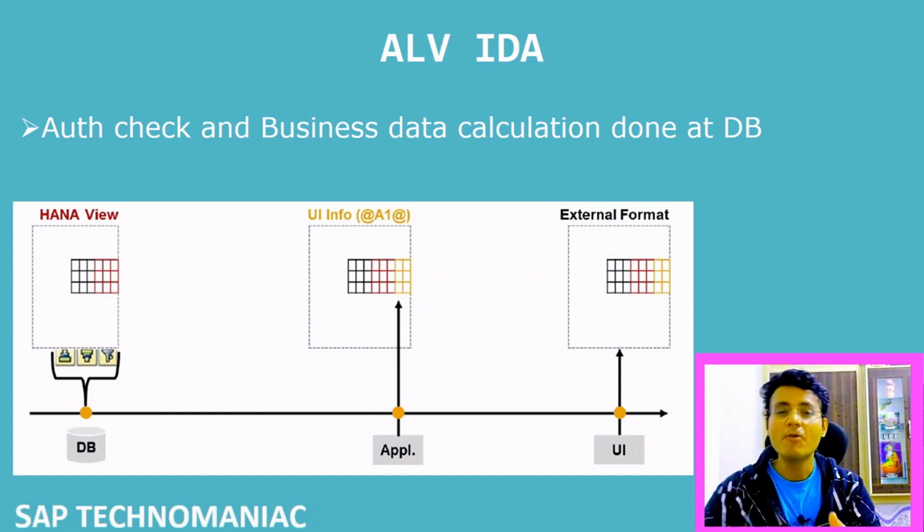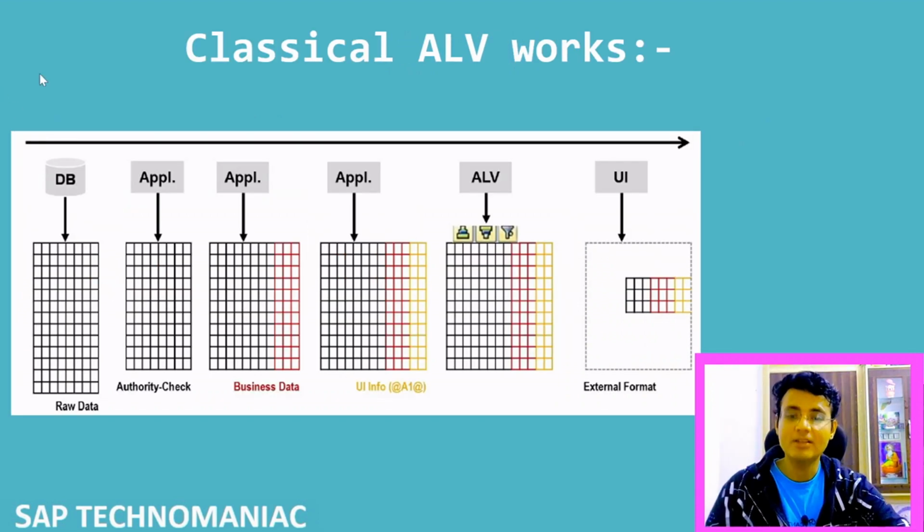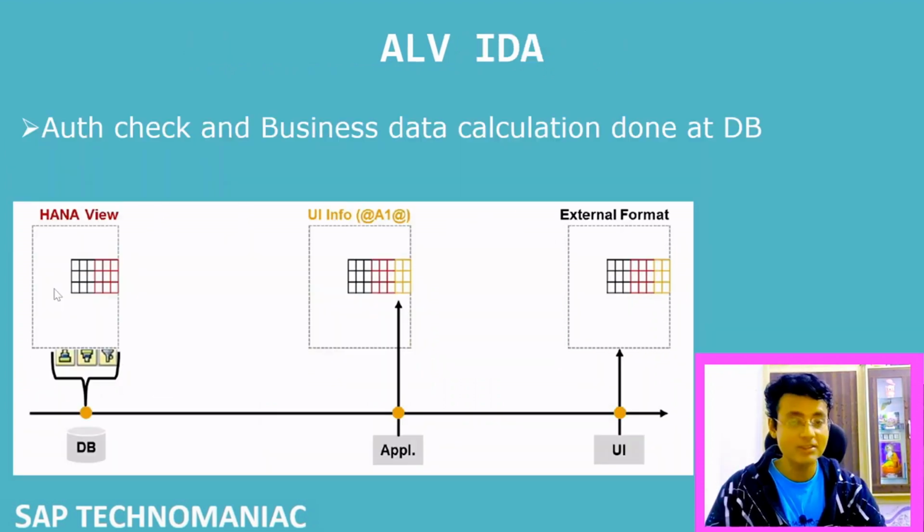The calculated columns and additional business data we were adding before are also done at the database server. Not only that, if the user applies filtering, sorting or anything else, all of that happens at the database level itself.